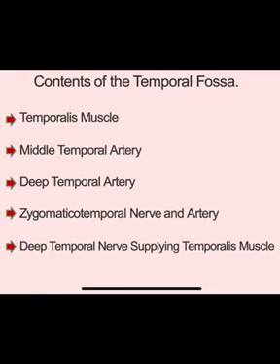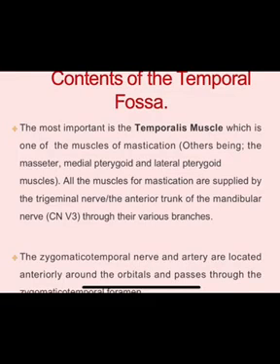So don't forget, one very important content of the temporal fossa is the temporalis muscle, which is one of the muscles of mastication. Remember, you have other muscles of mastication like the masseter, the medial pterygoid, and lateral pterygoid muscles.